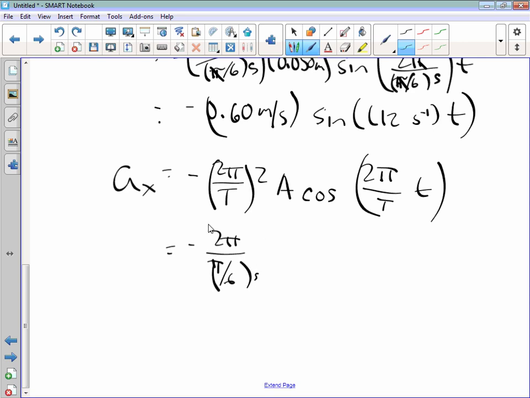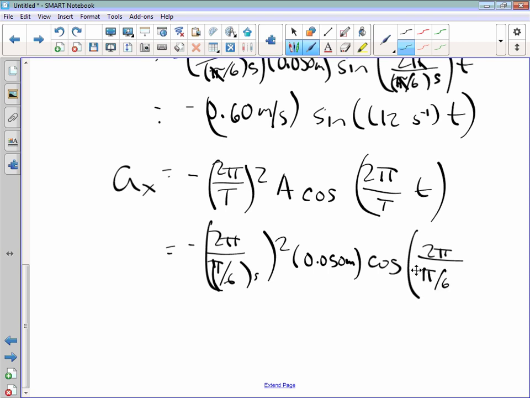That whole thing has to be squared, times our amplitude, multiplied by, in this case, cosine of 2 pi over our period, which is pi over 6 seconds, multiplied by time.